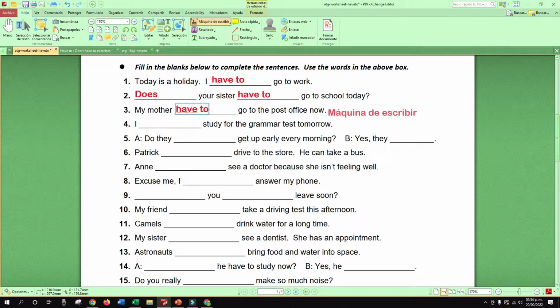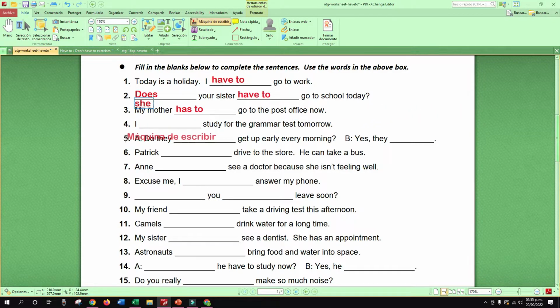Has to, right? Because you are talking about my mother. That is the same that you say she, right? So, my mother has to go to the post office now.